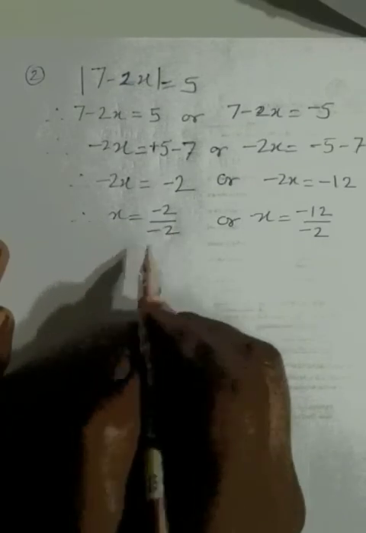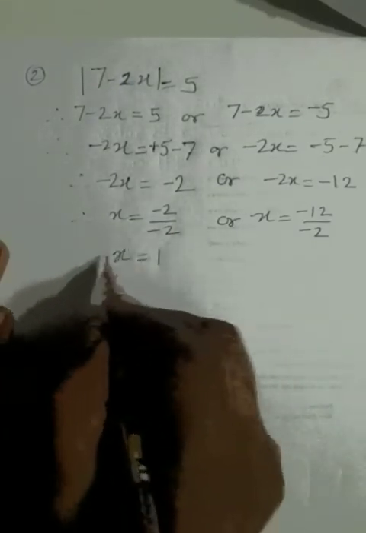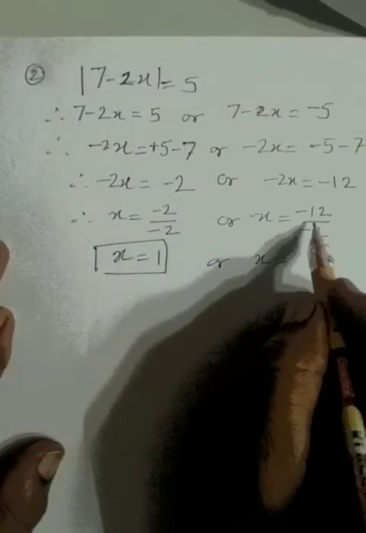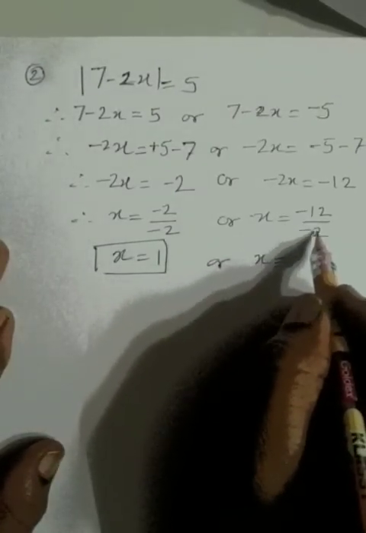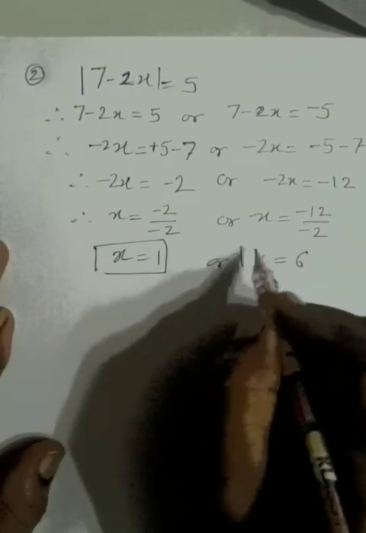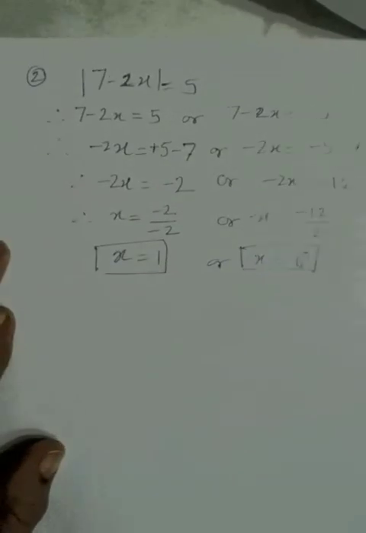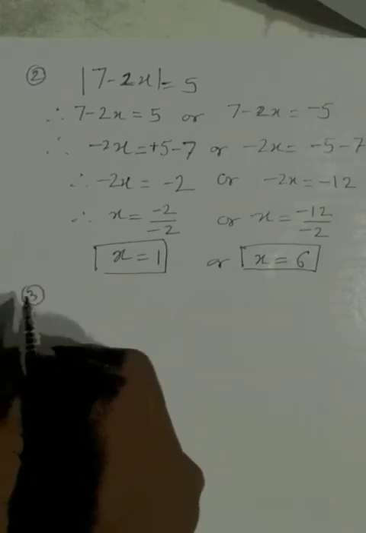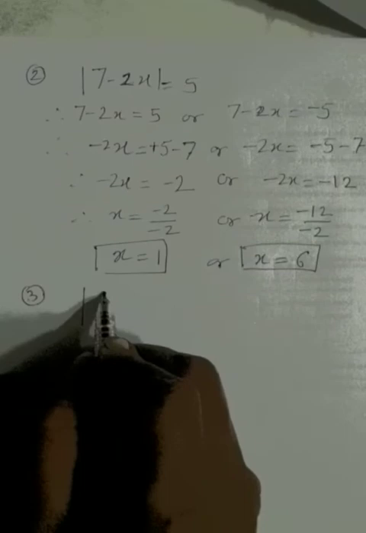Now minus 2 and minus 2, the answer will be 1, means the value of x is 1, or again we divide, 2 1 is 2, 2 6 is 12, and both negatives become positive, means the value of x is 6. Here we obtained two values, x is equal to 1 or x is equal to 6.